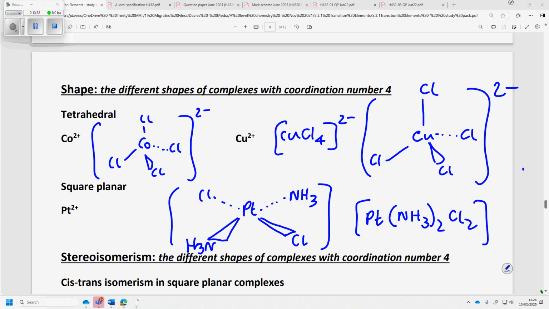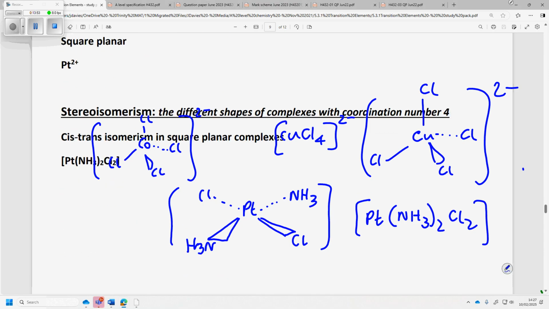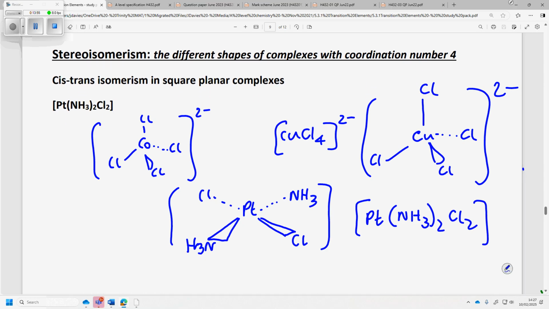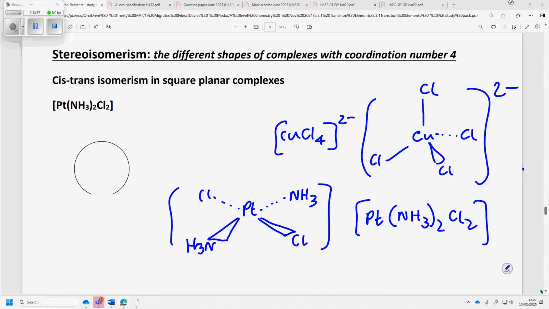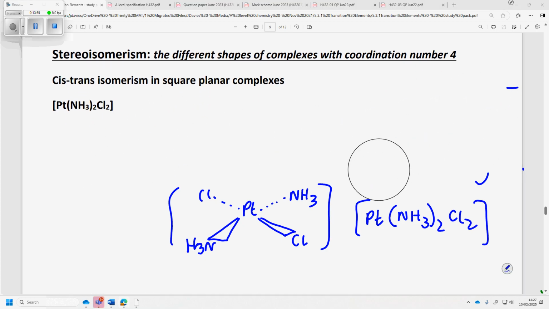Now, this last square planar one that we just looked at, this platinum ammonia chloride complex, is interesting because it can show cis-trans isomerism. So stereoisomerism is also important in transition metal chemistry. We've just shown you one example here.